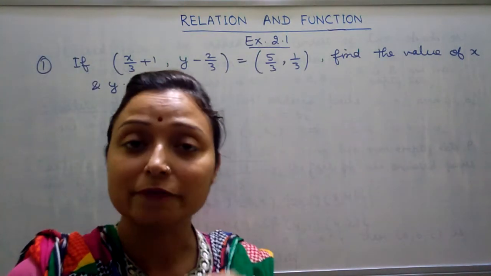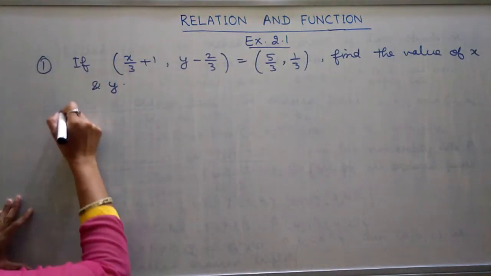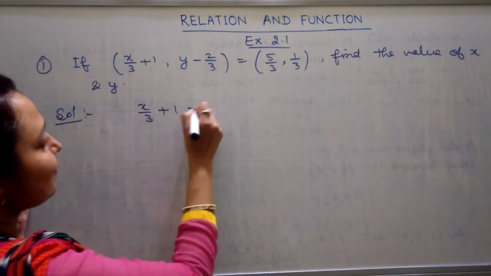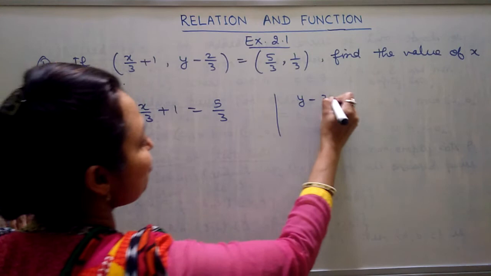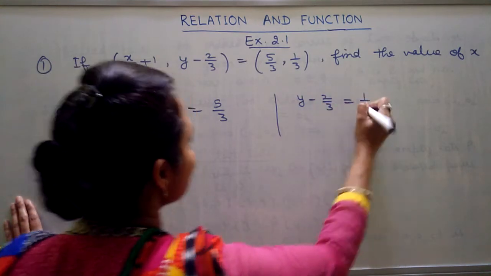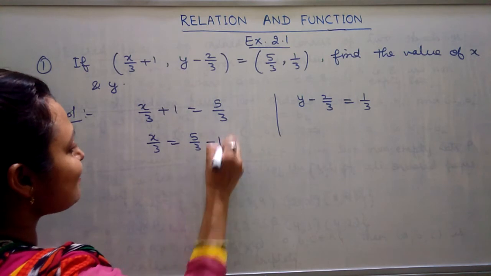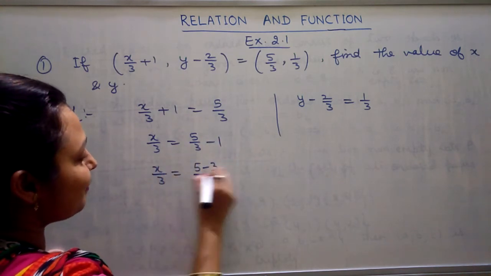So we will equate the first element to the first element of the ordered pair. I will take x by 3 plus 1 equals 5 by 3, and here I will take y minus 2 by 3 equals 1 by 3. This gives x by 3 is equal to 5 by 3 minus 1. X by 3, by taking LCM, is 5 minus 3 upon 3.